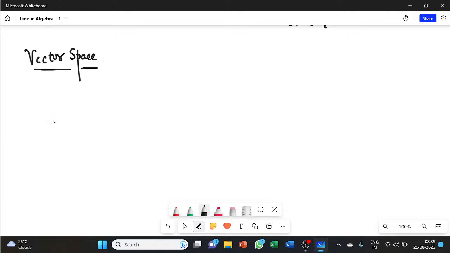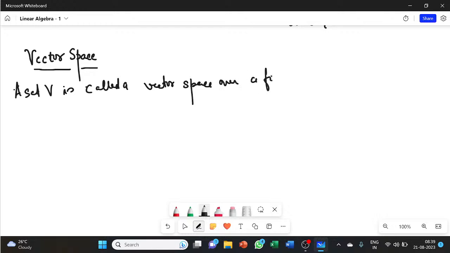So similarly, the first property, let's say if I say a set V is called a vector space over a field F, if it has two operations.